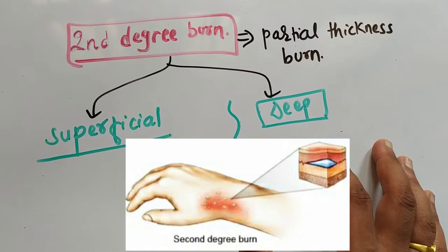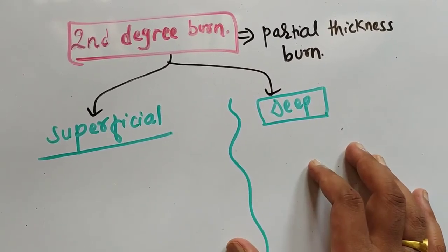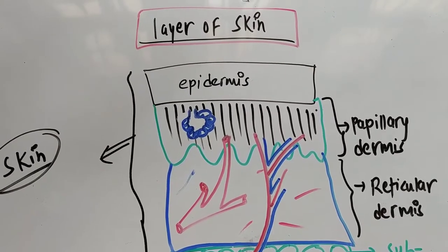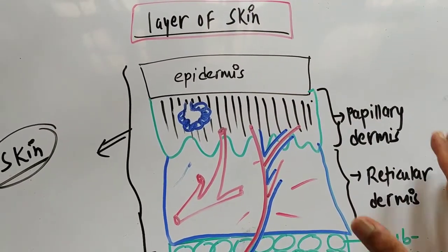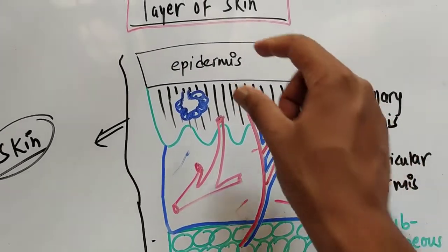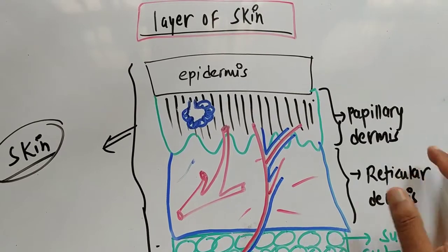So to understand the types of the second degree burn, we have to understand the layers of skin. So there are basically 3 layers of skin. We have the epidermis, the dermis, and the subcutaneous fat. The dermis is divided into 2 parts: papillary dermis and reticular dermis.